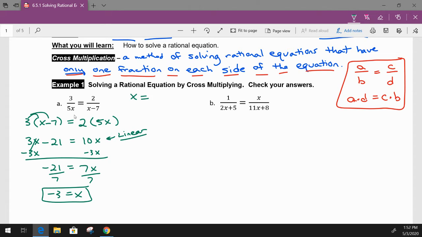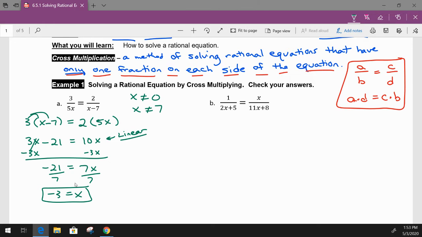So I would make a statement saying x cannot equal 0. So if I had gotten a solution of 0, then my answer would be no solutions. Also, on the right side of the equation, you have a denominator of x minus 7. So the only value of x that will make this denominator equal to 0 would be 7. So I could also state that x cannot equal 7.